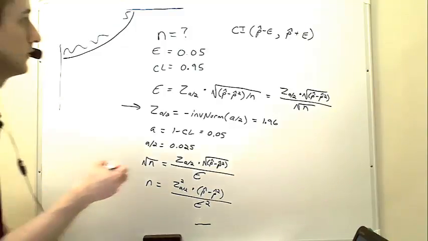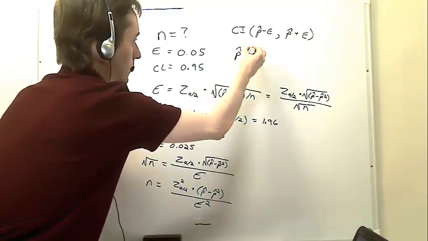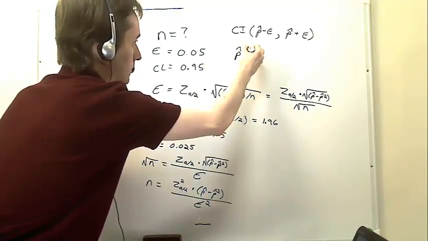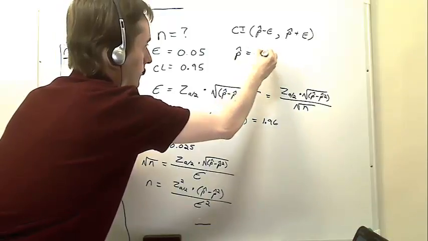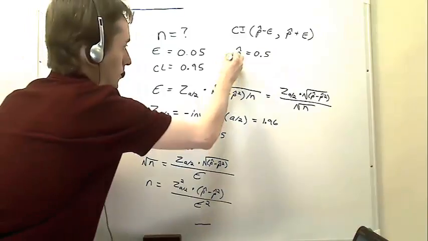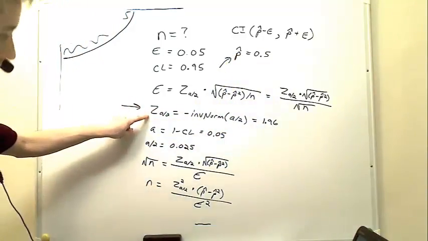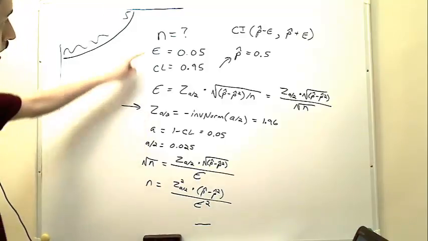So we're going to set it to 0.5. And so we're going to plug that in down here along with our Z and our E.